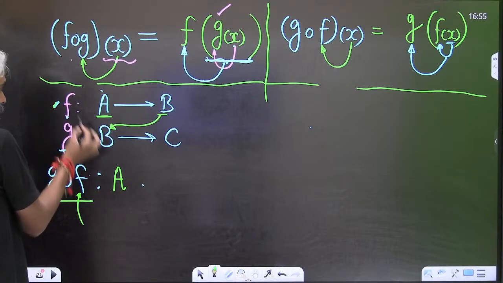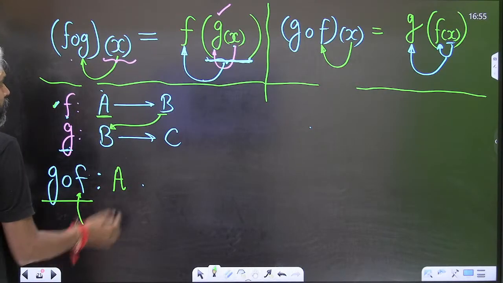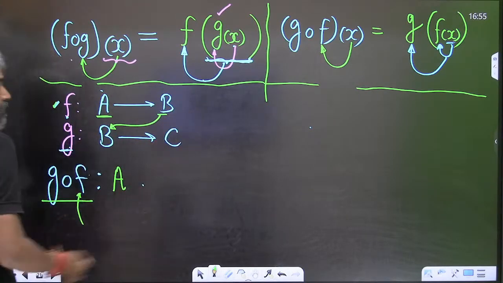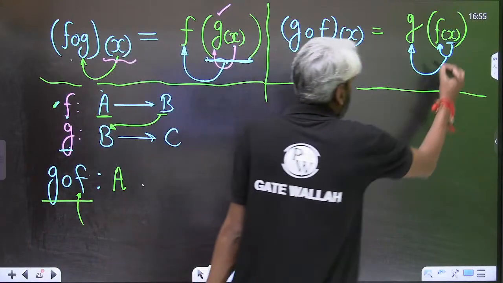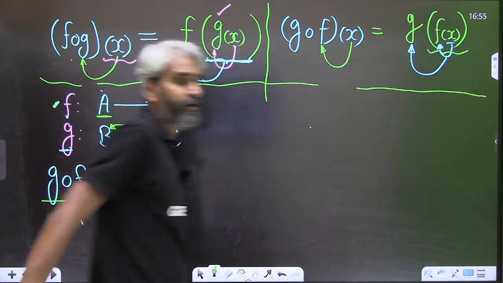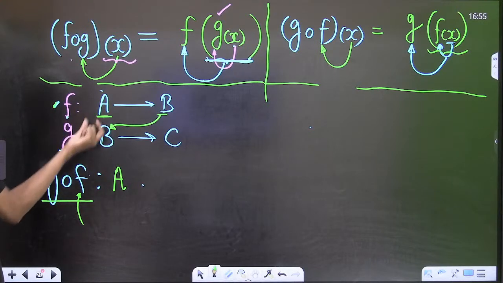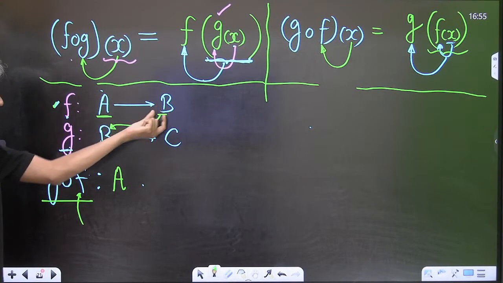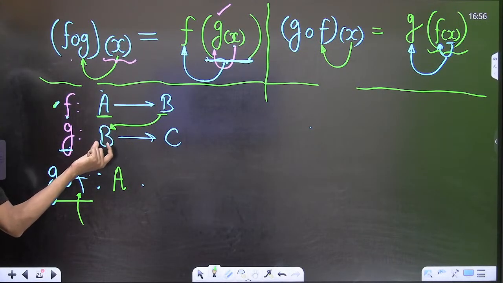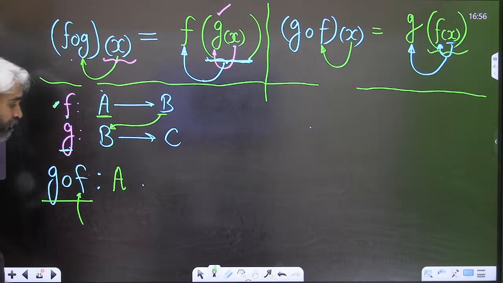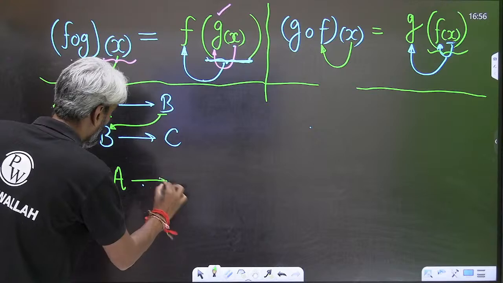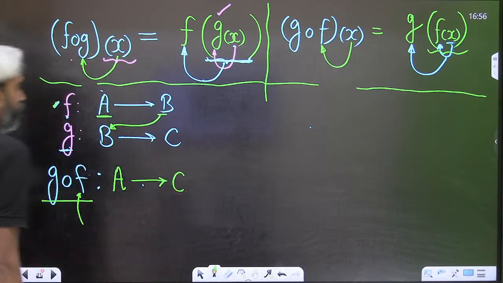So g will take the argument from set B and will produce the result from set C. So g of f will be defined from A to C.